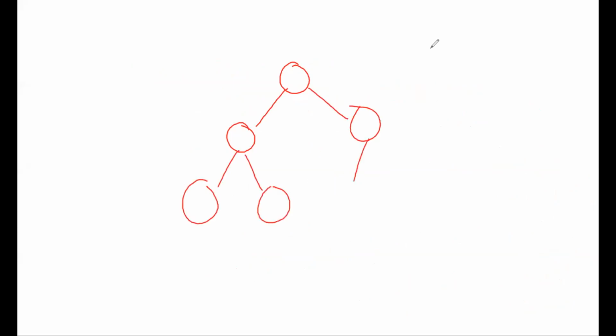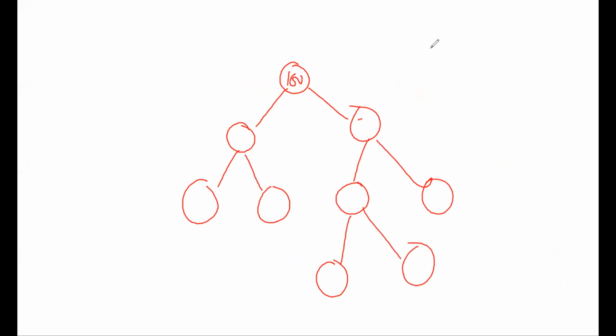If we see a binary tree, it may or may not be balanced. It can be something like this, say 100. Just putting some random numbers: 200, 450, can be 91.